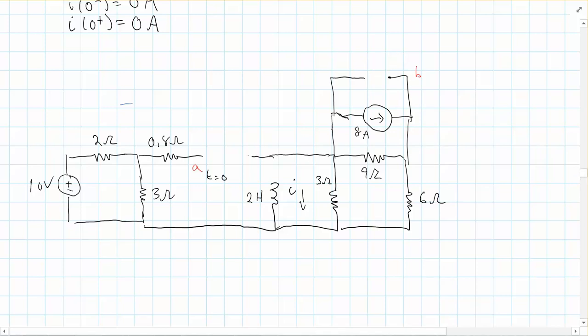So this is a wire here now, and this is still a wire. And this is for t between 0 and 1. This is the circuit I have. So now we need to figure out what the final current is. The final current, again, this would act as a short.